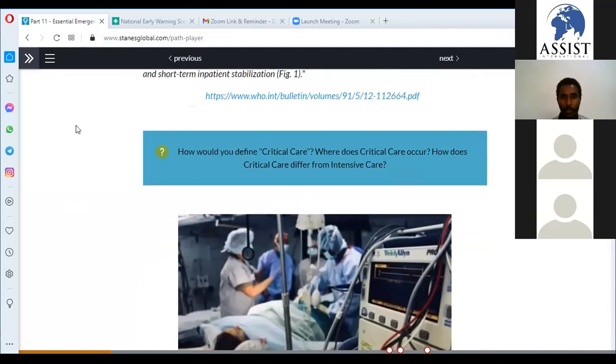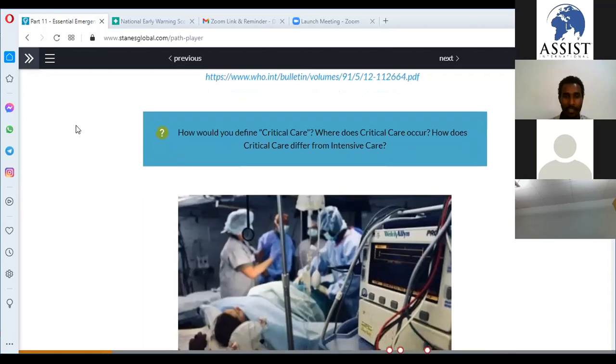So we have seen that acute care means where the healthcare intervention is time sensitive. So what does critical care mean then? How do you define critical care? And where does this critical care occur? How does it differ from intensive care?